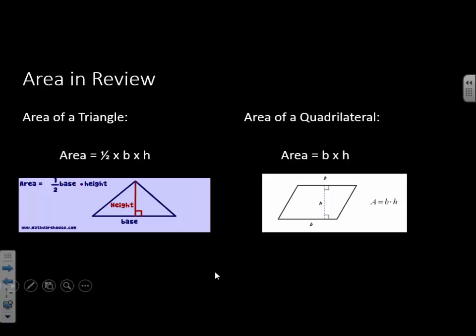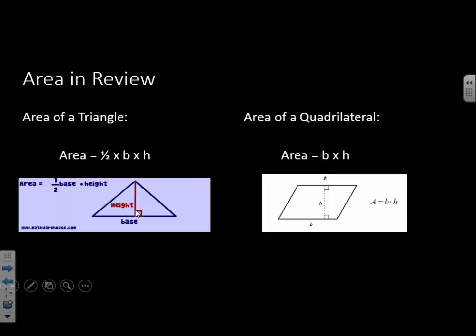One more thing I want to go over just to help you with the problems that you have throughout this game is area. Area is something that you've been doing since 5th grade, and I'm hoping that it is just a review for you. So area of a triangle is 1/2 times base times height. All right, so that means we're going to multiply 1/2 times the base, which is the bottom part of the triangle, okay, and we're going to multiply that number times the height.